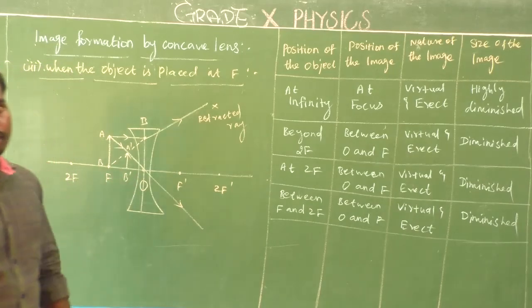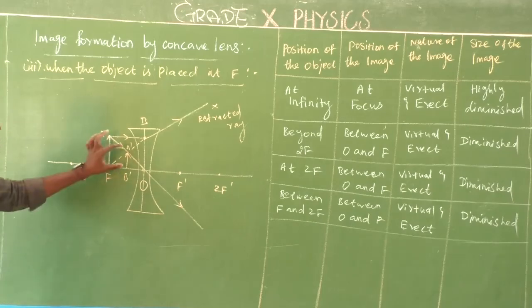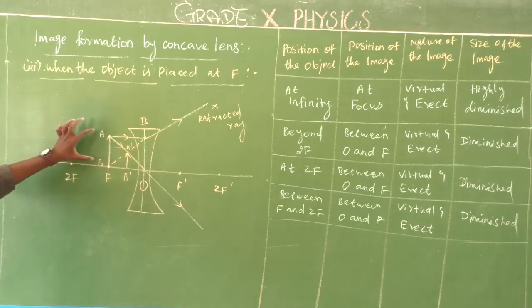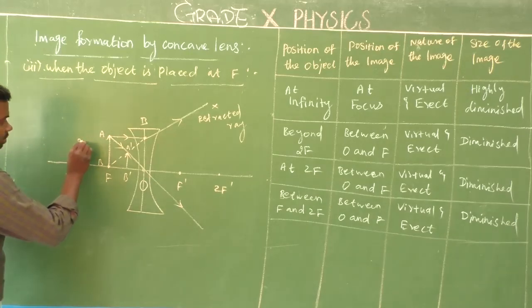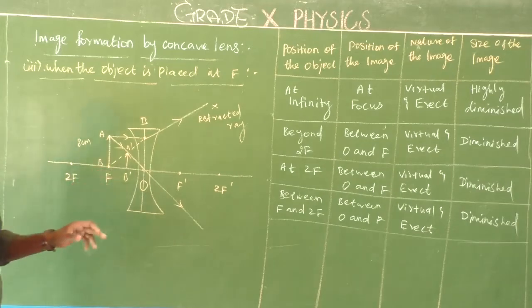Is it clear? Yes. So what is the size of the image? The size of the image is diminished compared to the object size, which means the image is smaller than the object. So if the object size is 8 centimeter, what about the image size?